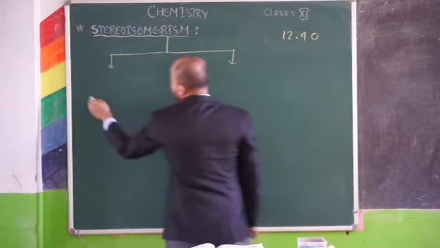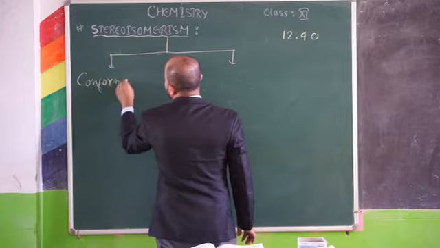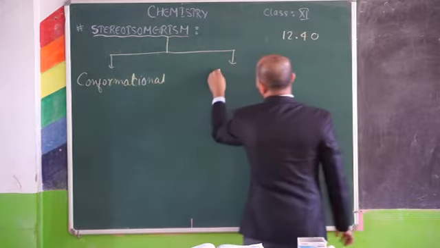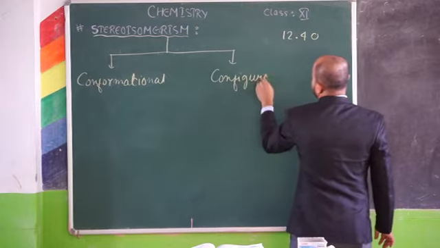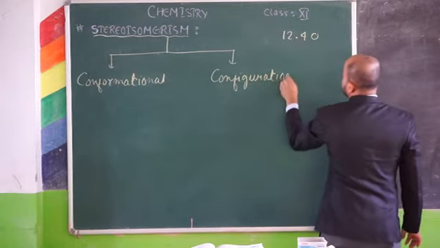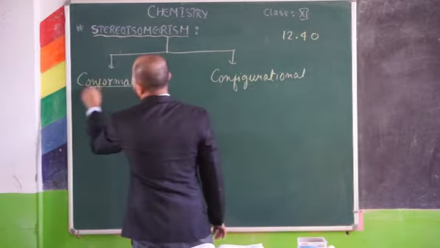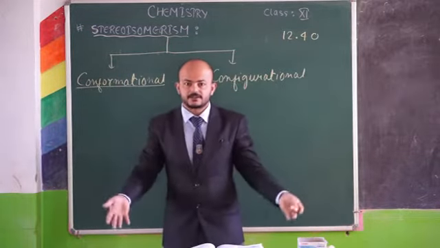One is conformational isomerism. The other one is configurational isomerism. Now, in case of conformational isomerism, same molecular formula, different structures.